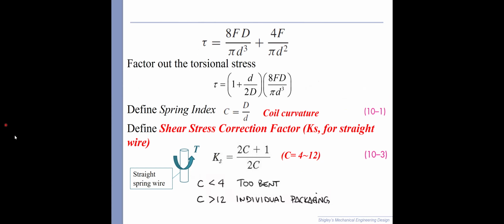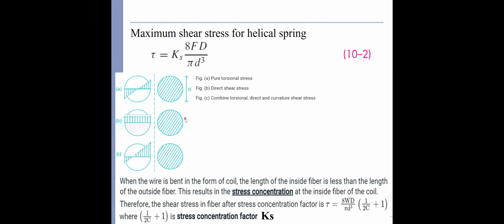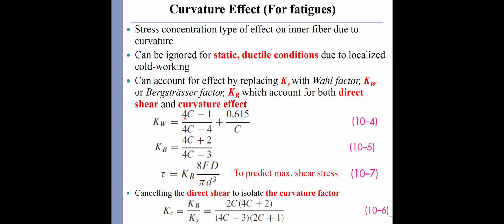However, for this helical spring, there's a curvature effect with different stress concentration at the inner and outer fiber. Therefore, we have to use KB or KW to replace Ks. We can rewrite the stress as KB times this term, and this stress can be used to predict the maximum shear stress.